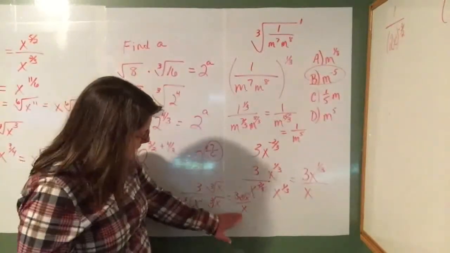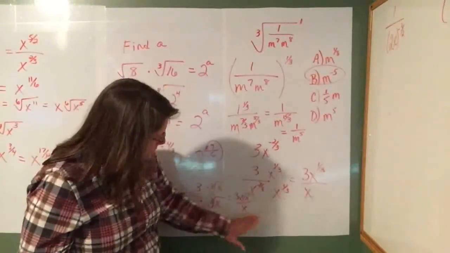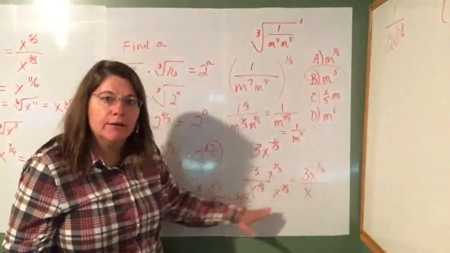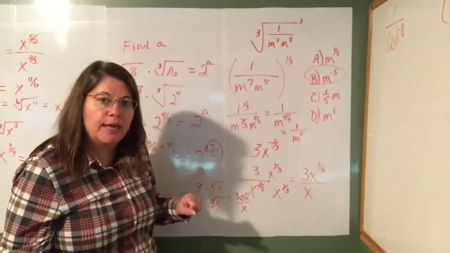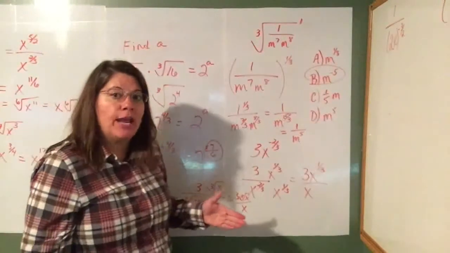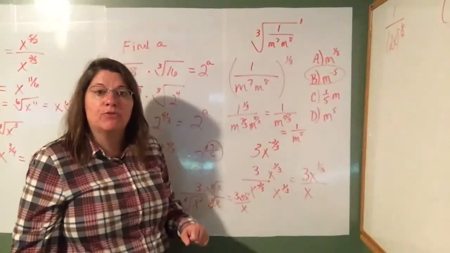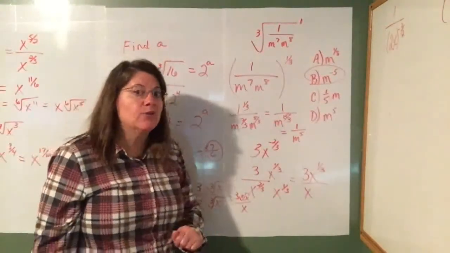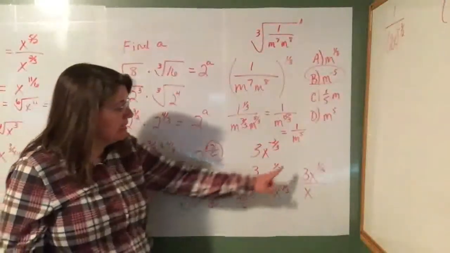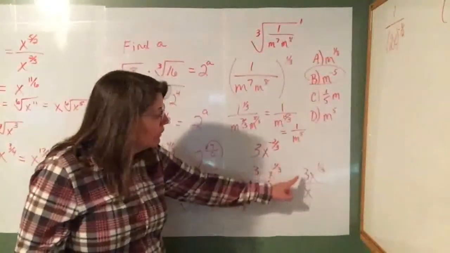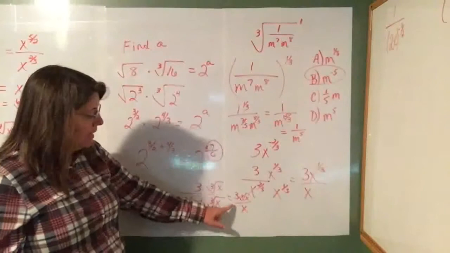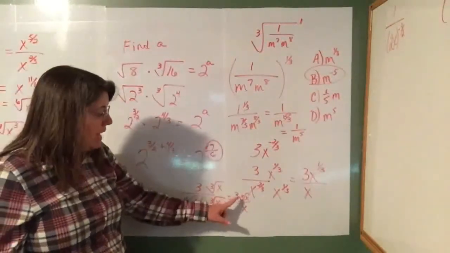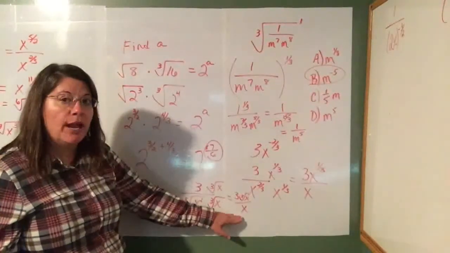And if you think about that, isn't that equivalent to what we have here? Technically, they are the same thing. How you would represent your answer depends on what the directions ask you to do. The main thing here, though, is that you need to understand 3x to the 1/3 over x is exactly the same thing, or equivalent to 3 times the cube root of x over x.